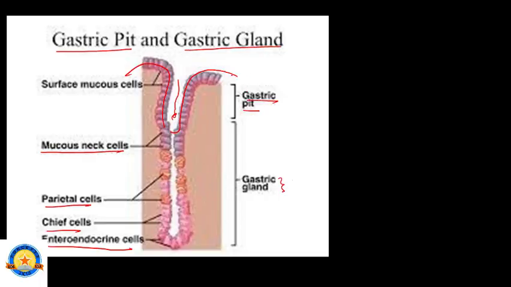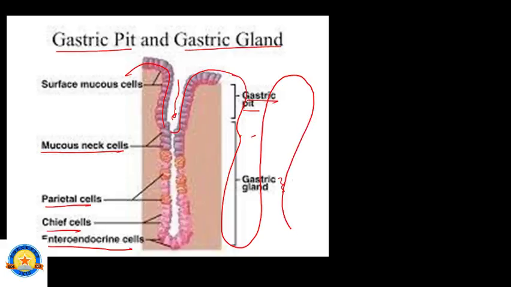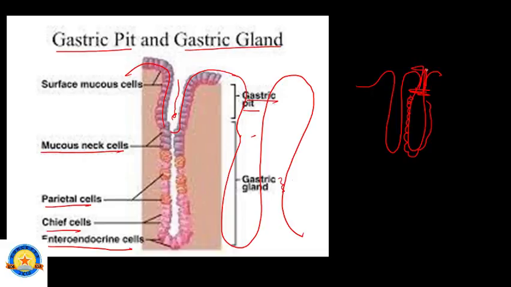The next gastric mucosa will again go inside and come back. So it is mainly like this. Here are the gastric glands located, and this segment is called the gastric pit.